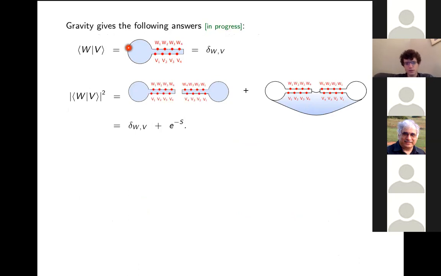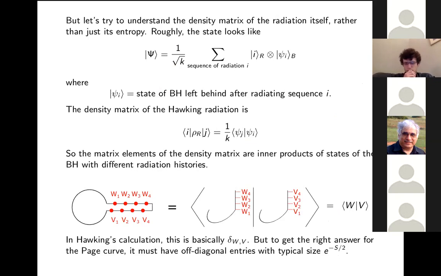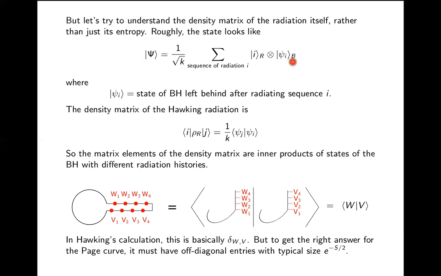I had a question. Yeah. In the previous slide, what is psi I sub B? Psi I is, you're referring to this part here? Yes. Yeah, so psi I sub B is a state of the black hole. But what does it mean to take a product and then sum over all the states of a black hole? Well, it's not all the states of the black hole.